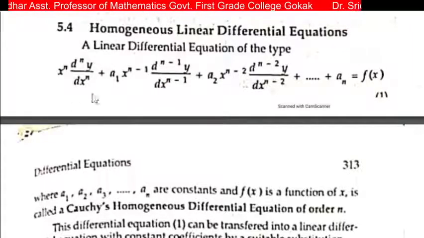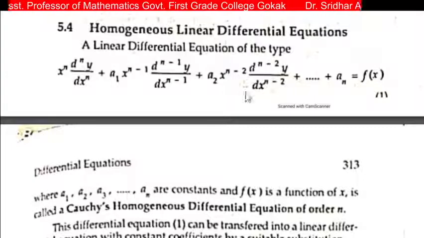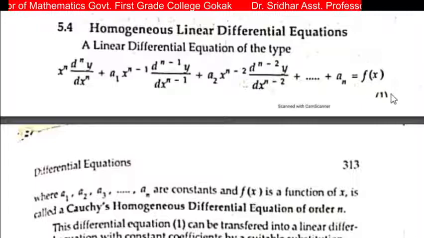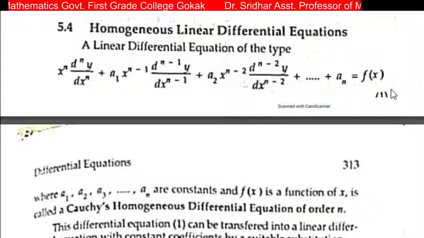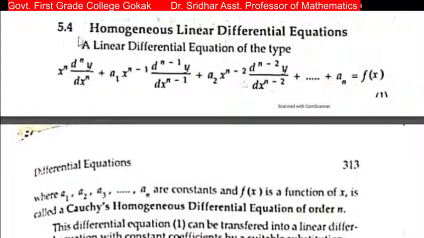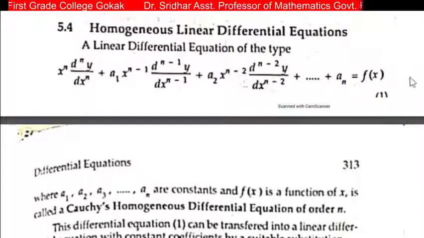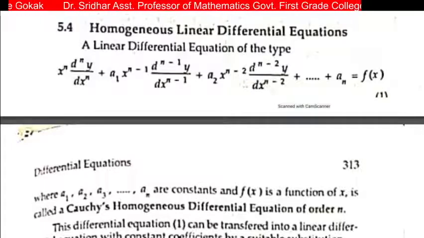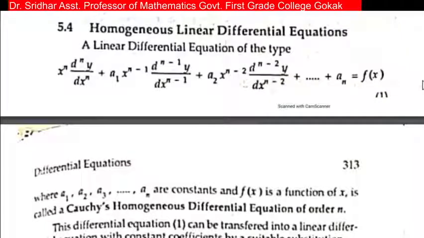Here all these a1, a2 up to an are constants, and this f of x is a function of x. This type of differential equation is called Cauchy's homogeneous differential equation of order n.